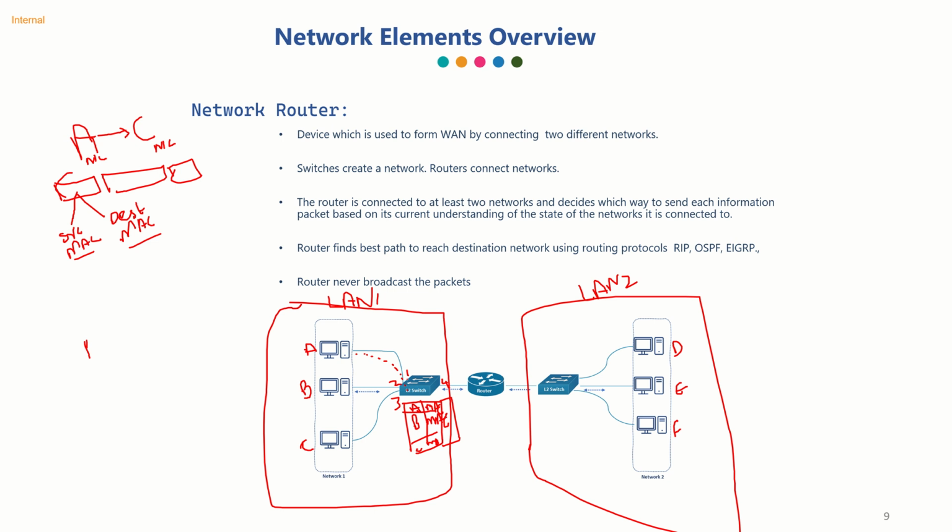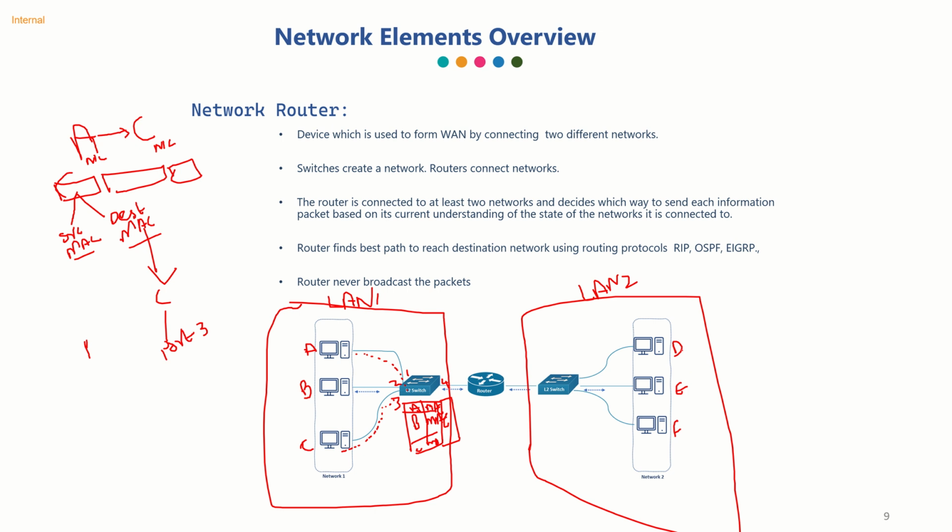So it knows, okay, this particular MAC address you are giving me belongs to C, and on my switch, C is connected to port 3. So I'm going to send the data through port 3. So the communication is over.